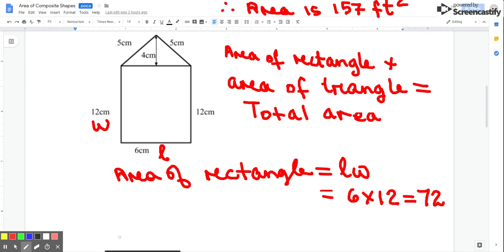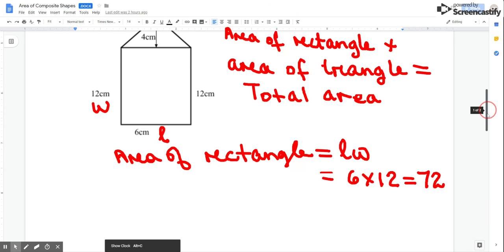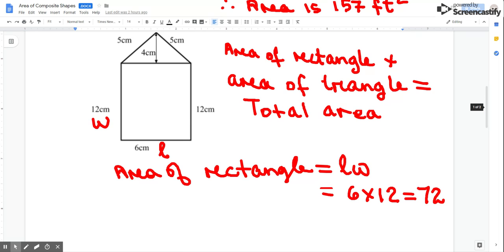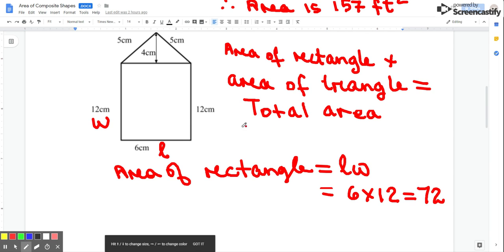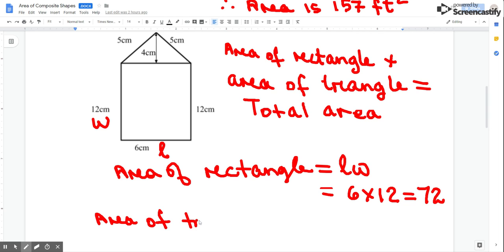Then the next thing we're going to find is the area of our triangle. So area of triangle is base times height divided by 2.